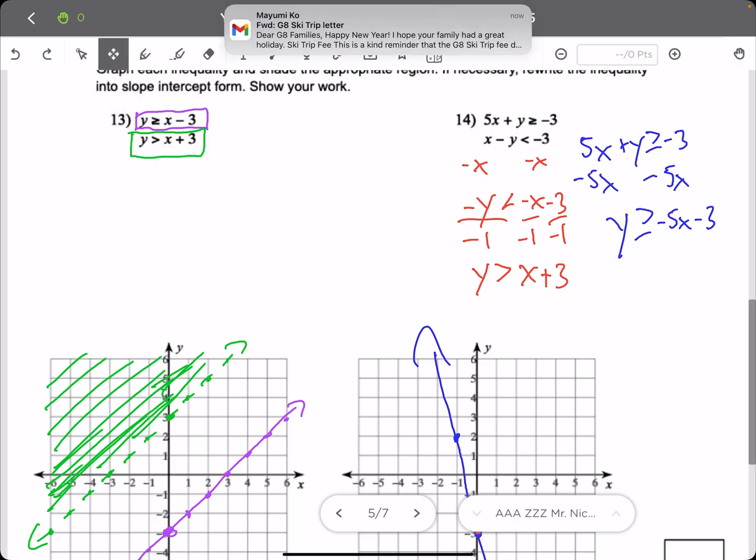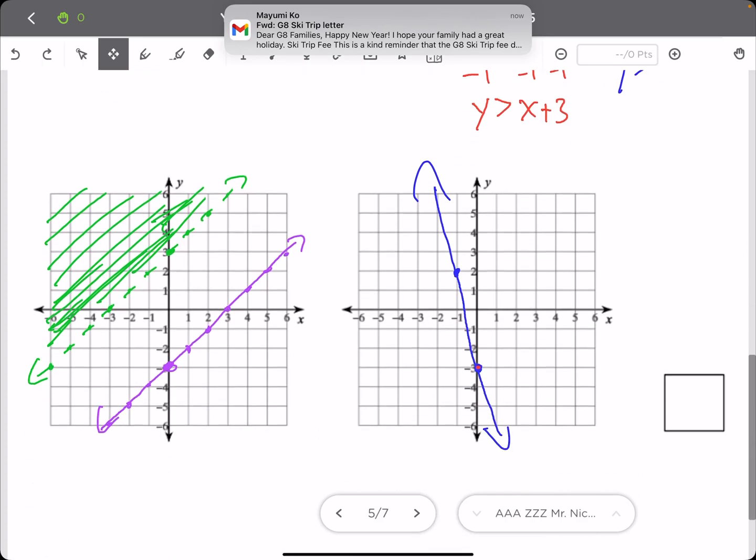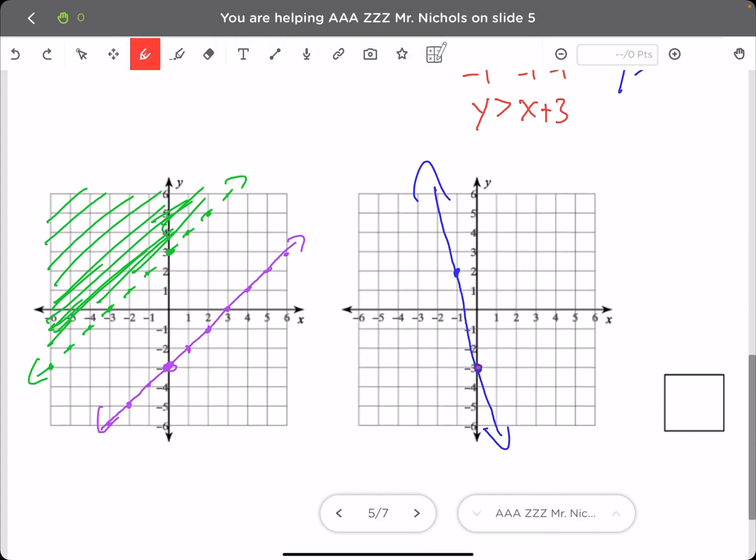So this is y is greater than x plus 3. So I'd start at plus 3, and it's x, so it's like this. Up 1, right 1, up 1, right 1, up 1, right 1, down 1, left 1, down 1, left 1, down 1, left 1. Now it is greater than but not equal to, so I need to make this a dashed line.